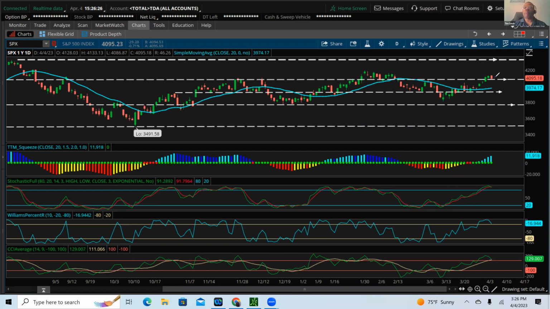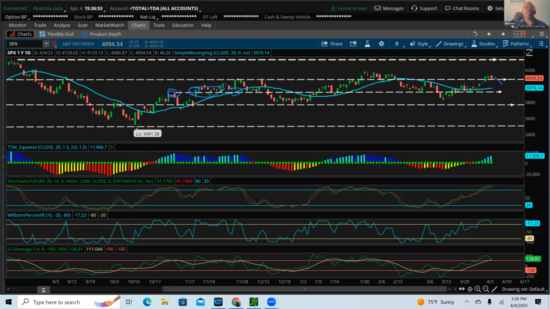Next level, if for some reason the bears do push price action below this level, here's another level down here. Price action had some action around it, as you can see, to the upside, where we pulled back in October of last year, pulled back from that level, and eventually broke above it here.